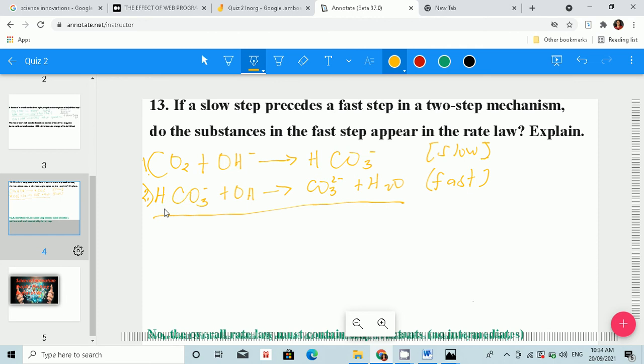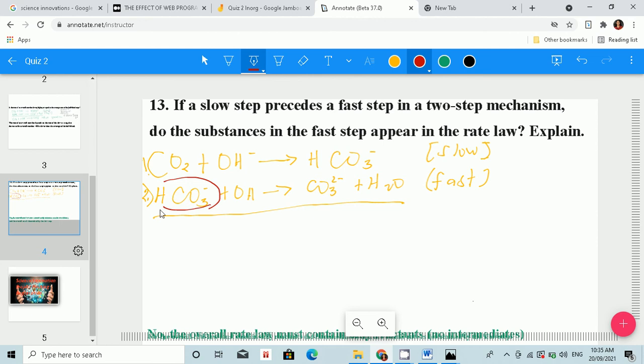So this HCO3, the bicarbonate, is our intermediate. It is the product, and then we use it as a reactant, and it does not appear in our final product.